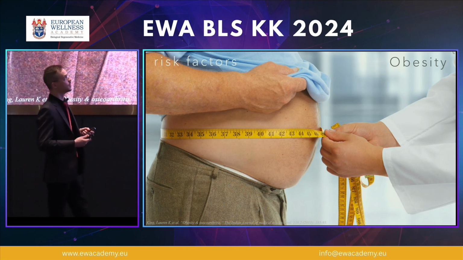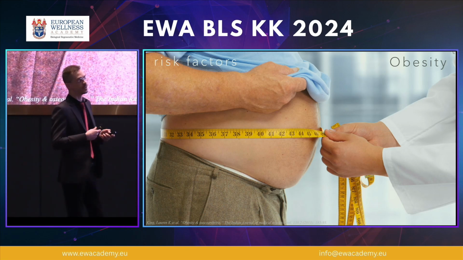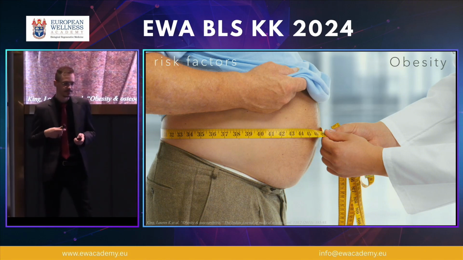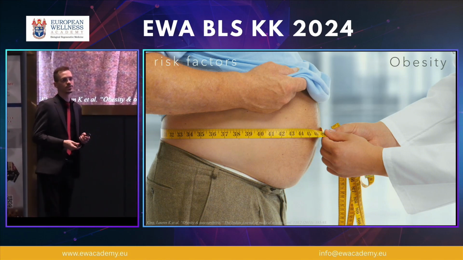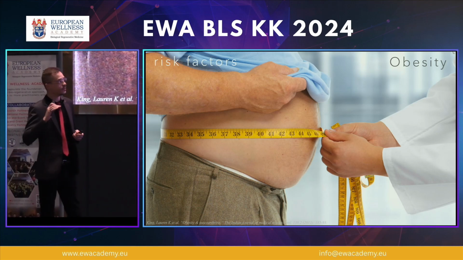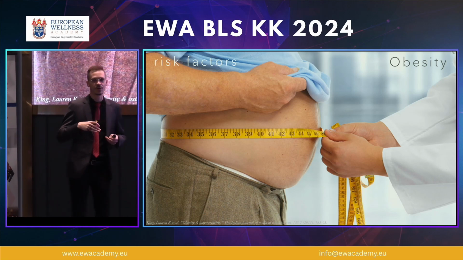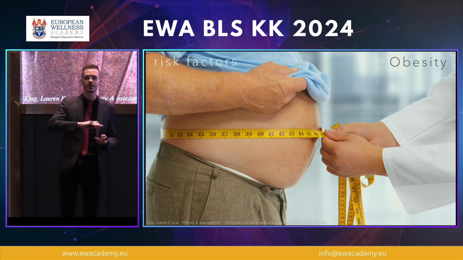So obesity is one of the examples. Obesity itself is a risk factor for, particularly, for example, knee osteoarthritis. And at the first level, of course, it is overweight, overstress on the cartilage.